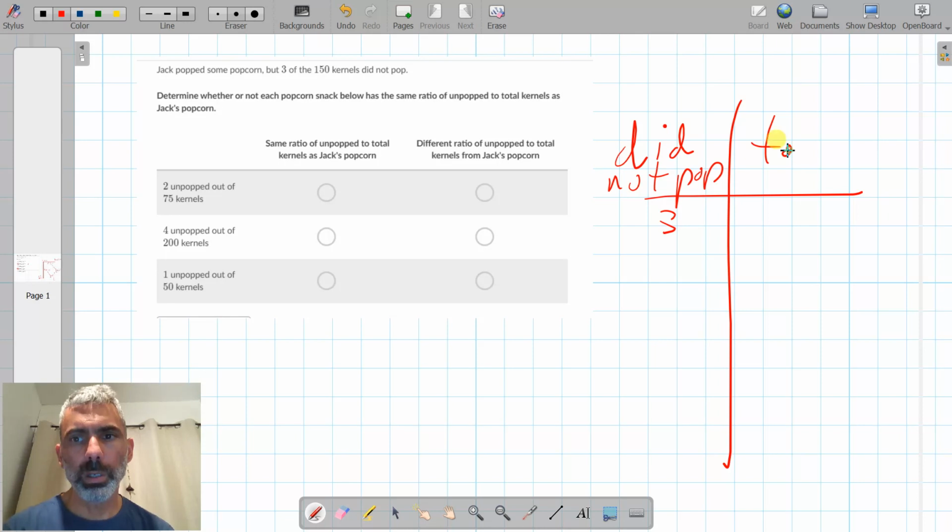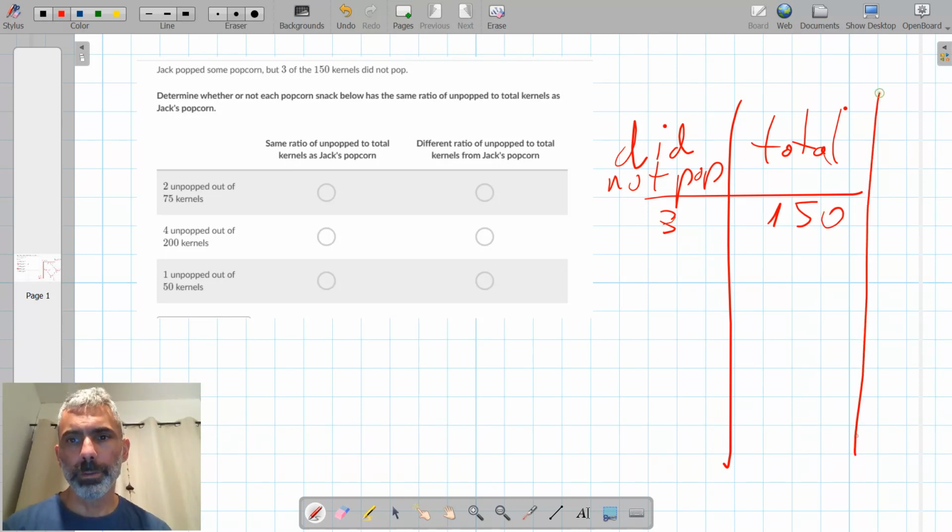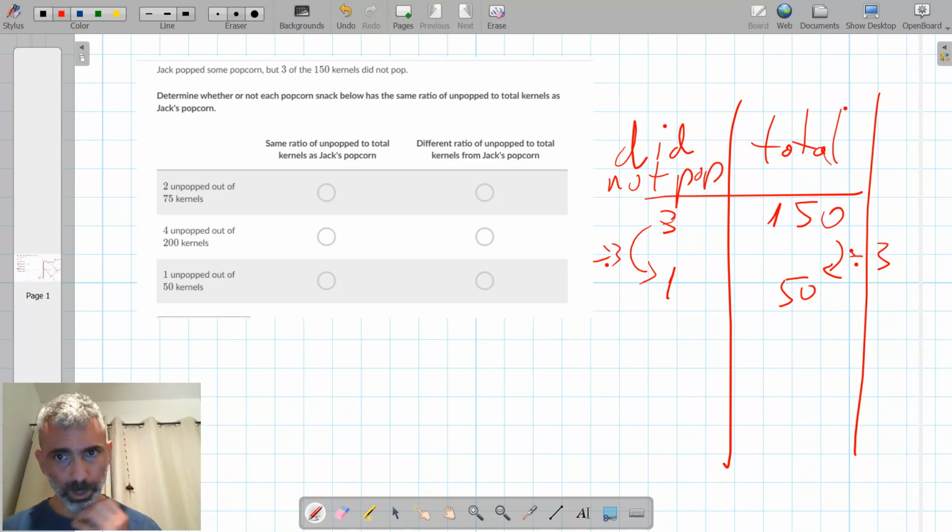The total number of kernels is 150. So to go from 3 to 1, we divide by 3. To go from 150, we need to divide by the same number. So 1 out of 50 did not pop.